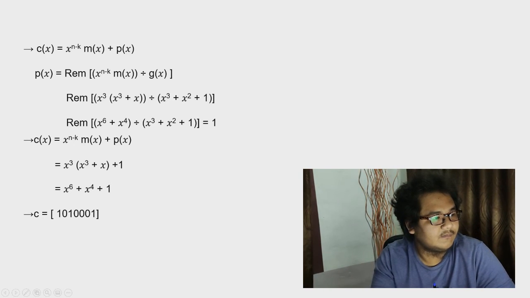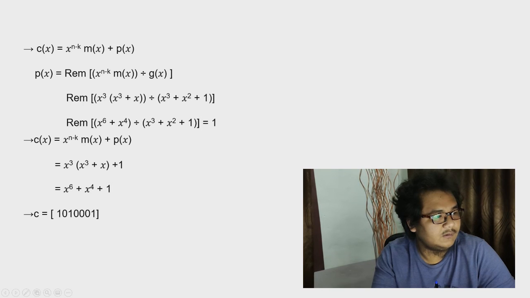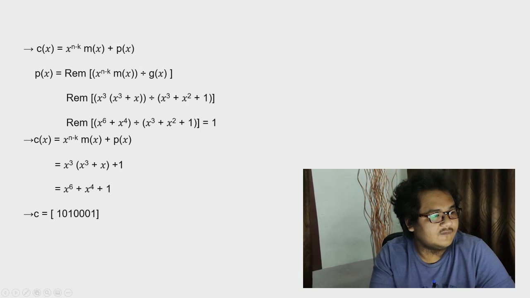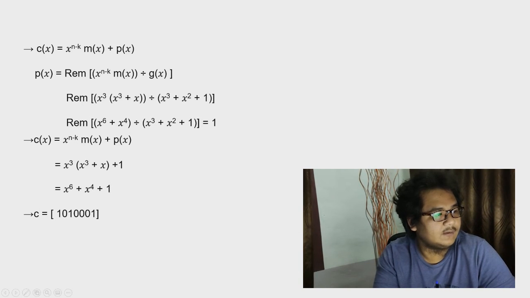Then p(x) is the remainder of x to the power of 6 plus x to the power of 4 divided by x cubed plus x squared plus 1. Then the remainder is 1.